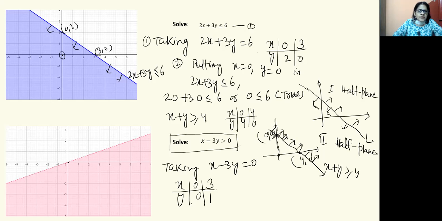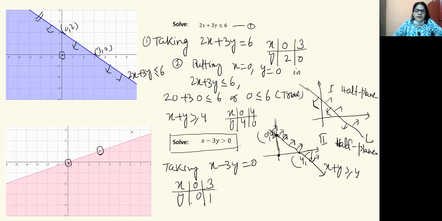So you are plotting 0, 0, then 3, 1, and you join it. But here you observe the line is a dotted line, unlike the previous case, where it was a proper solid line. But here we are taking a dotted line.